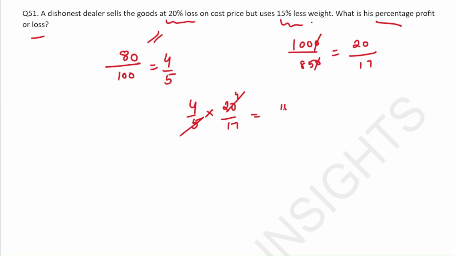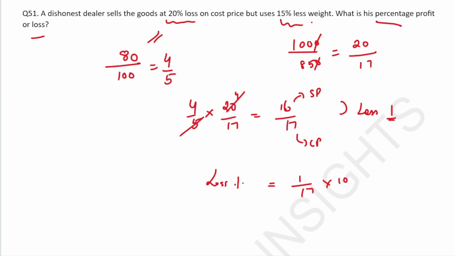So that means 16 by 17. So that means the dealer is getting a loss of how much? Because this above one is SP, right? And this is CP. So this is loss by how many? Loss by 1. So we have to find the loss percentage. So loss percentage will be 1 divided by 17 into 100. So if you solve this, you will get 5.88%.